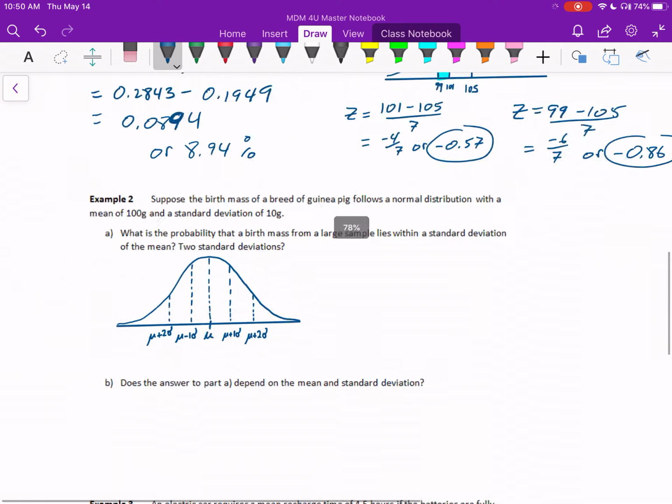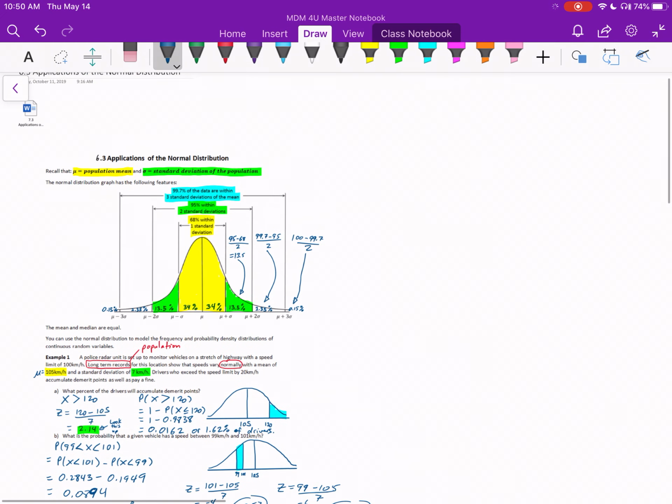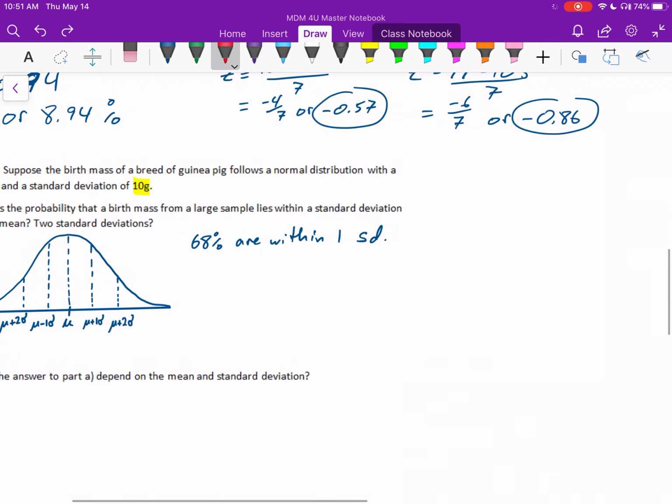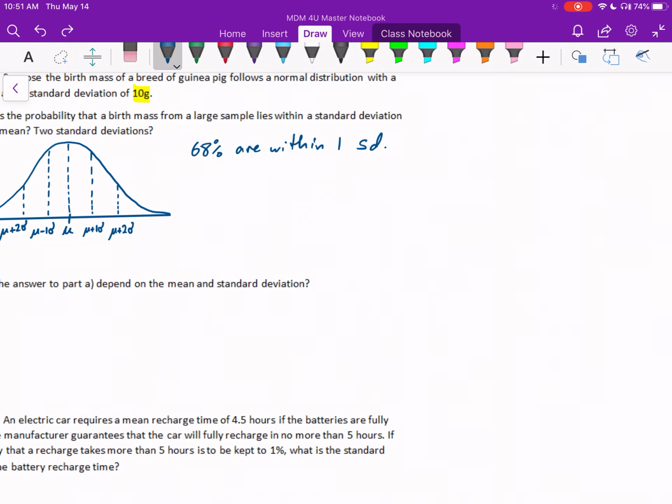We know from above, from up here, that 95% fall within two standard deviations, right? Here's one standard deviation, 68%, 95% for two standard deviations. So this question doesn't really require a lot of work. You just have to remember the fact. 2 standard deviations.